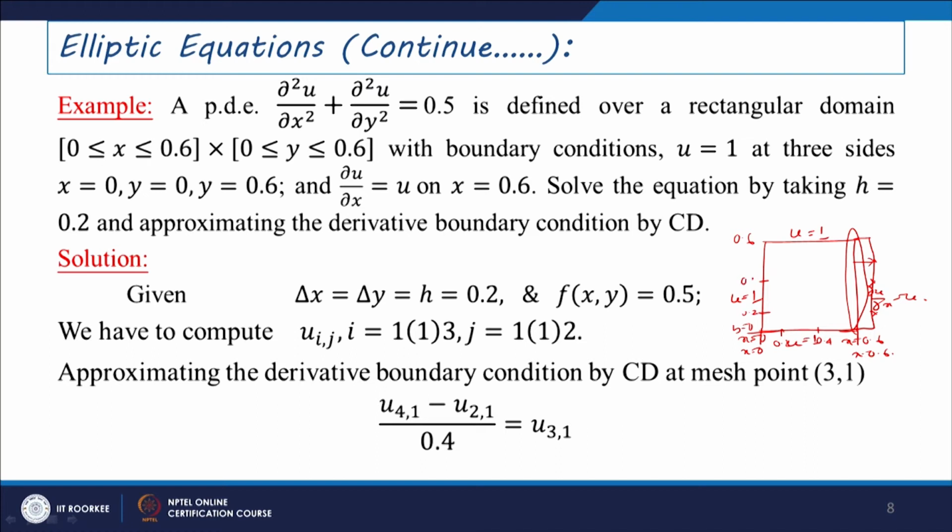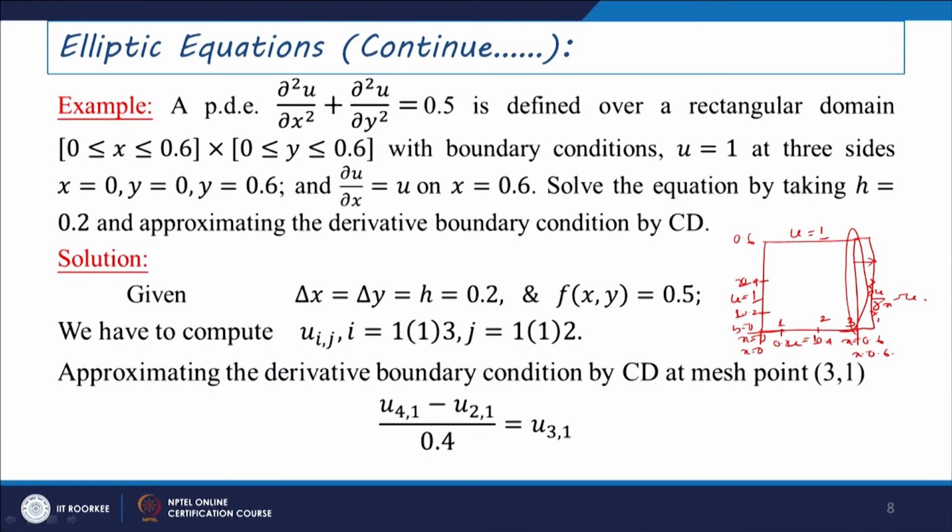So 0.2, then 0.4 and last is 0.6. That is why j varies only over 1 and 2 points, and i varies from 1 to 3 points, since 4 is the fictitious boundary which can be updated from the previous step values.